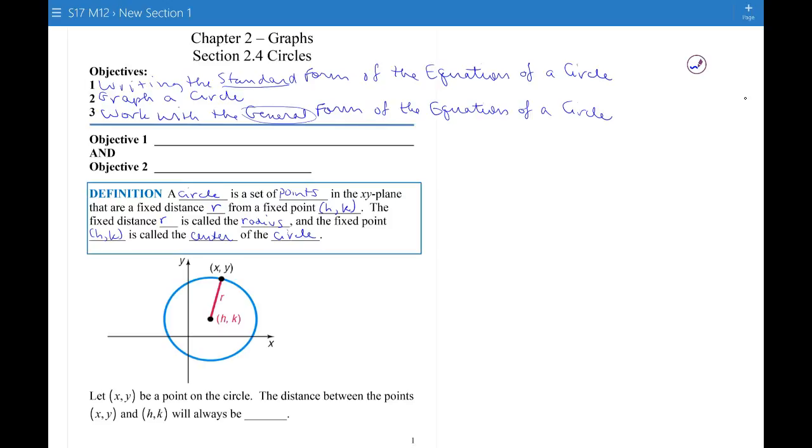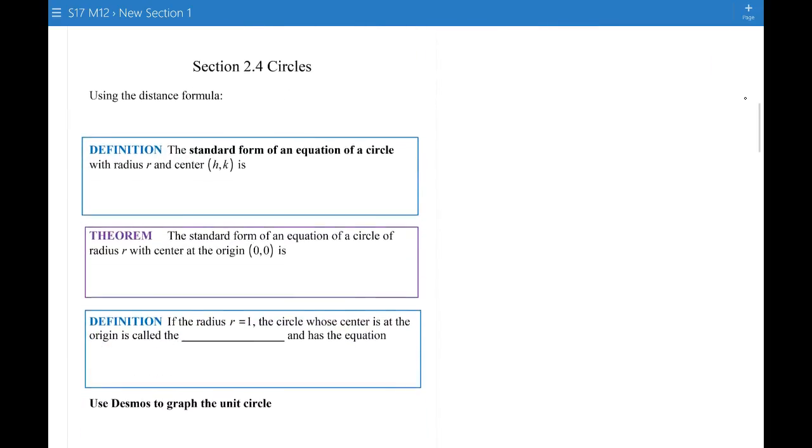So then we have a picture here of what that looks like. We have the point (h, k) at the center, then every point on the circle is a distance r from that center. So the distance between the points (x, y) on the circle, no matter where it is, and (h, k) will always be r.